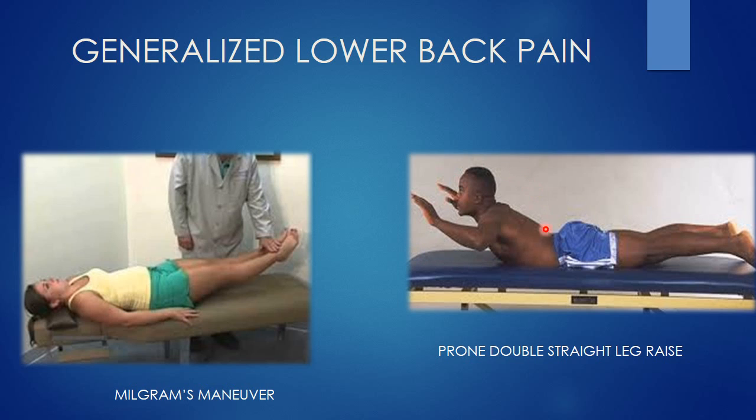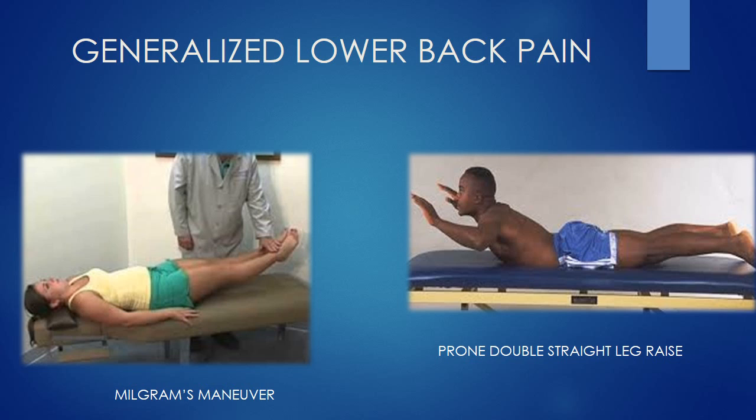Here it shows the examinee arched at the lumbar spine, but the progression begins with the examinee flat and prone. And then the doctor asks the examinee to first raise the right leg off of the table under their own power and to raise that leg as high as they can.